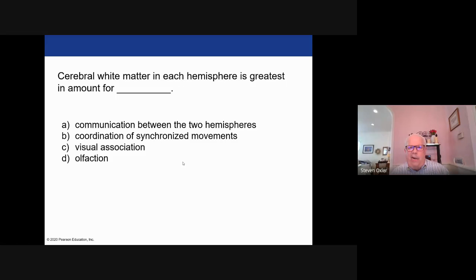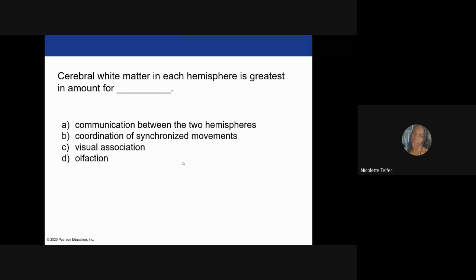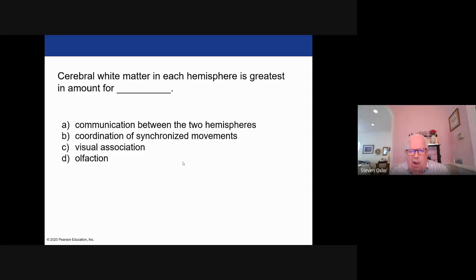Cerebral white matter in each hemisphere is greatest in amount for... we are now talking about communication fibers. Are they more in the one hemisphere?